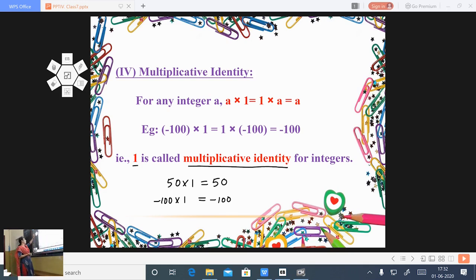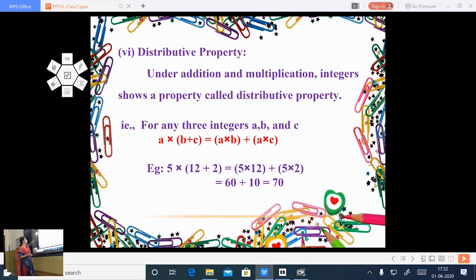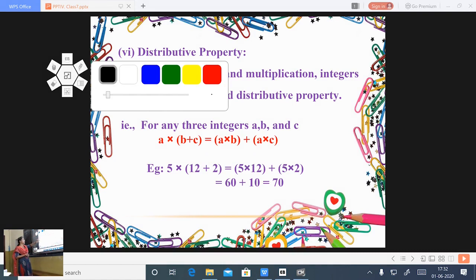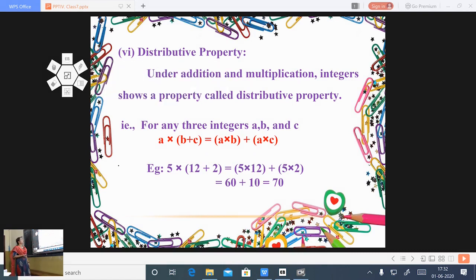Okay, then one more property is there, that is distributive property. You have already learned what is distributive property. That is, under addition and multiplication, integers show a property called distributive property.